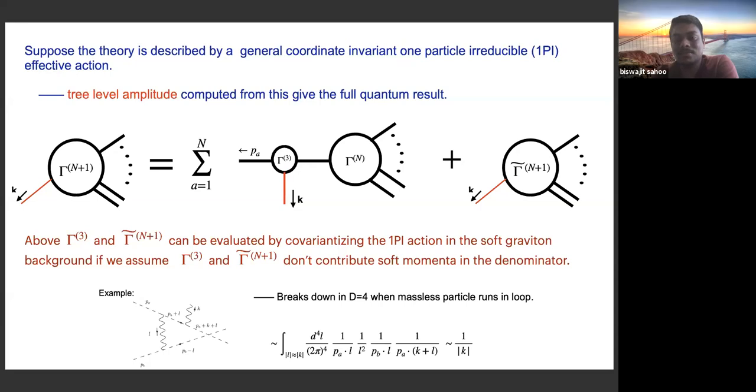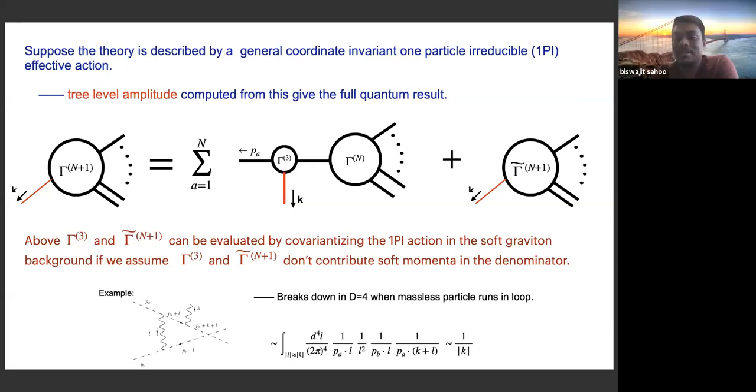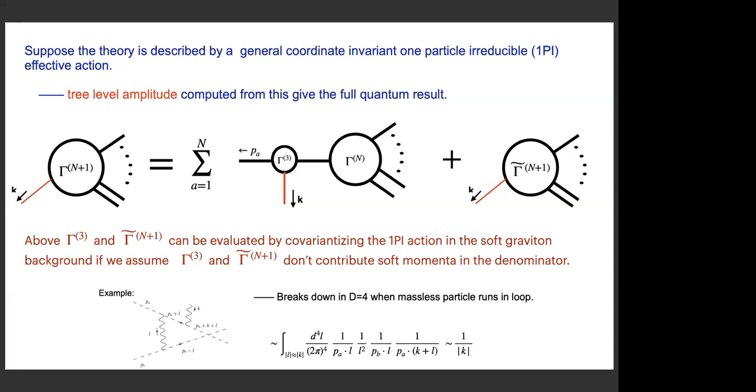And now you end up with a diagram for the 4-point function in which the graviton is emitted from an internal leg. So apparently this is a leading term in 1 over omega, but it cannot be there. That was my question. But I don't want to take too much of your time. We can discuss it on Slack if you want.